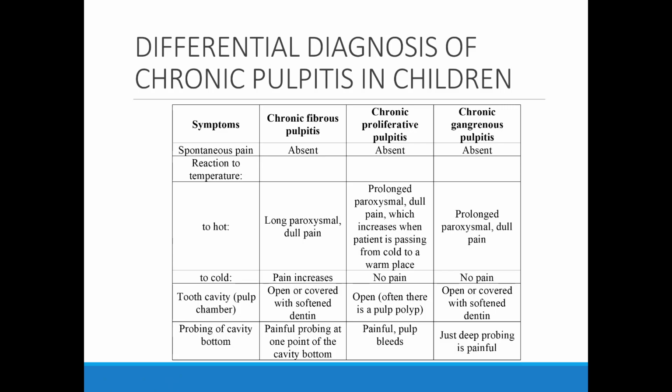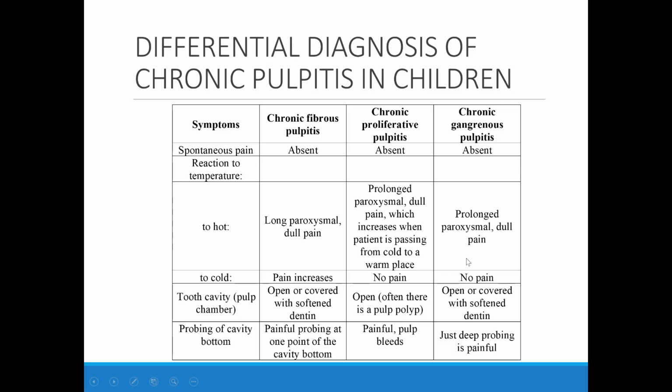In chronic proliferative or hypertrophic, it's prolonged paroxysmal dull pain, which increases when the patient passes from a cold to a warm place, when the circumstances change. For example, in winter time, the patient comes into a room, and of course, it will lead to pain.